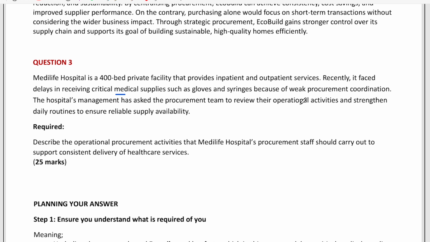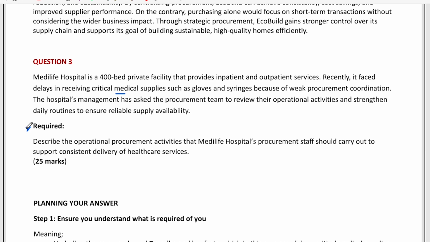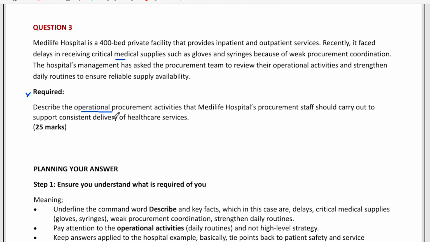The hospital's management has asked the procurement team to review their operational activities and strengthen their daily routines to ensure reliable supply availability. So what exactly are you required to do? You're required to describe the operational procurement activities that MedLife Hospital's procurement staff should carry out to support consistent delivery of healthcare.